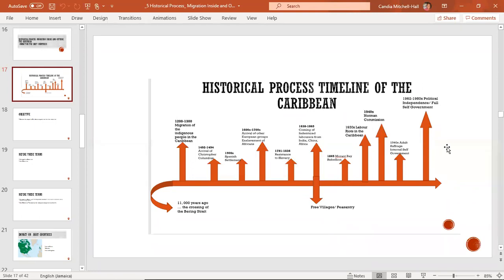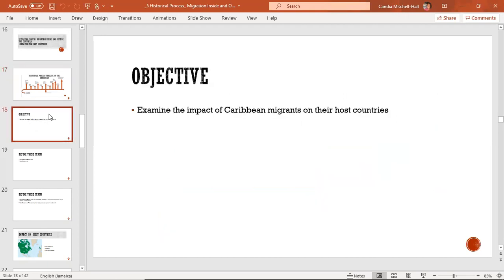This week we are going to look at people migrating to outside of the Caribbean and what are the impacts on the Caribbean. So our objective for today's class is to examine the impact of Caribbean migrants on their host country.